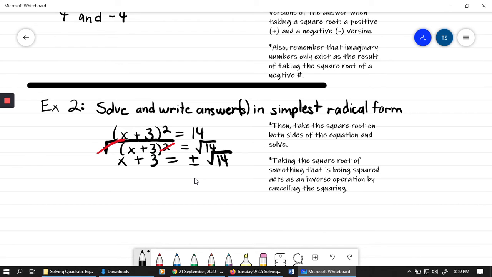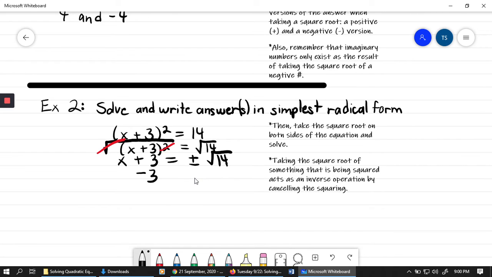And so there's one thing that we still need to do in order to solve this equation. And most of us, I'm pretty sure, can tell that because we got x plus 3 here, what we need to do is subtract 3 on both sides of the equal sign. Because what we have is x plus 3 equals some number.